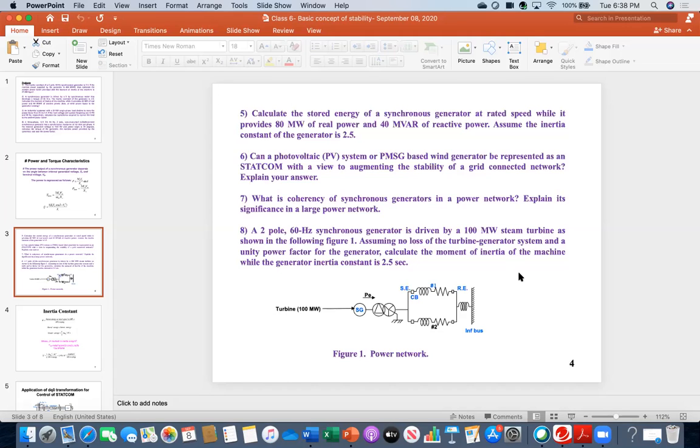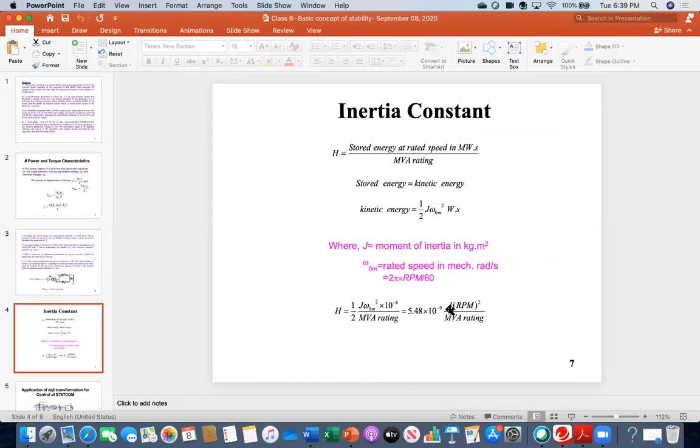Othman, are you getting the results? Yes, Dr. Ali. You got the same result? Yes, for J I got the same. Okay. Sindhuja, you are still working? Probably you can follow that, Sindhuja. Moment of inertia means you are finding the J value, this parameter, from this equation.